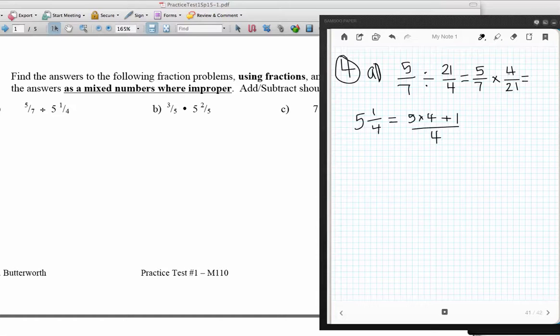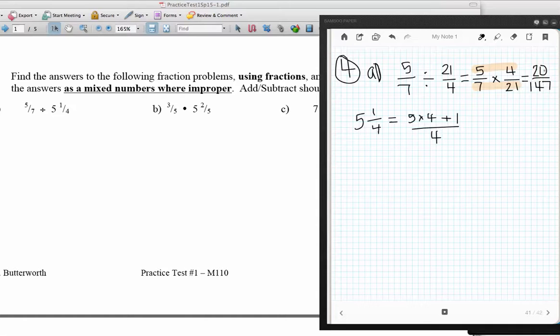To multiply fractions, we multiply the numerators straight across the top. So 5 times 4 is 20. And then we multiply the denominators straight across the bottom. And 7 times 21, we have 147. Now, there were no common factors here before, so there won't be common factors here, but you could briefly check.